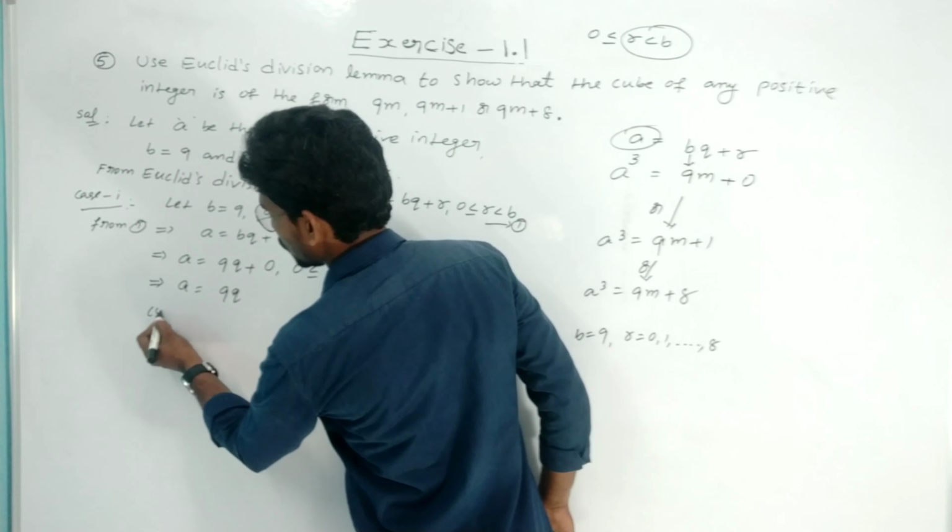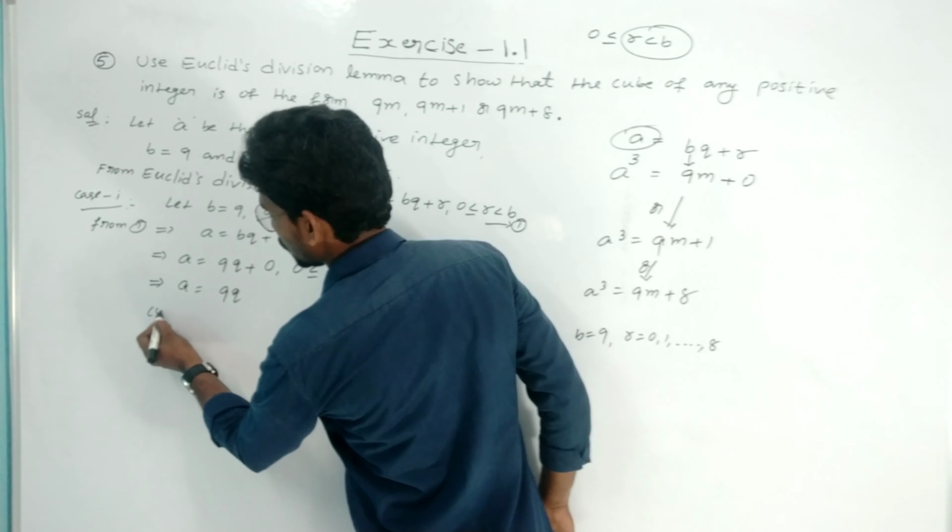Let 81 q cube plus 27 q square plus 3q be m. Now this is equation number 3. In equation number 3, a cube is equal to 9m plus 1, so the cube of any positive integer is of the form 9m plus 1.